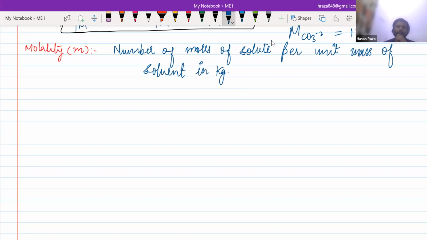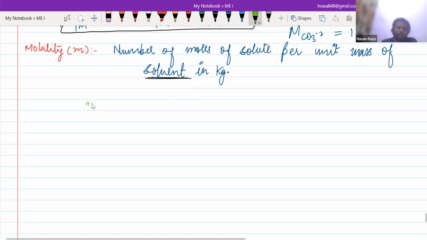This is the only concentration term in which we use solvent in the denominator. Except this, we always use the solution's mass or volume or solution's moles in the denominator.